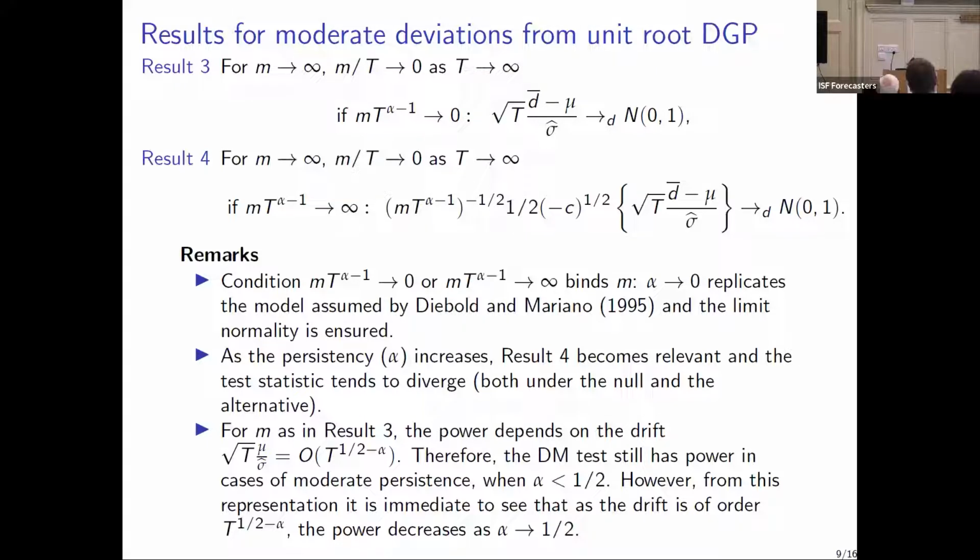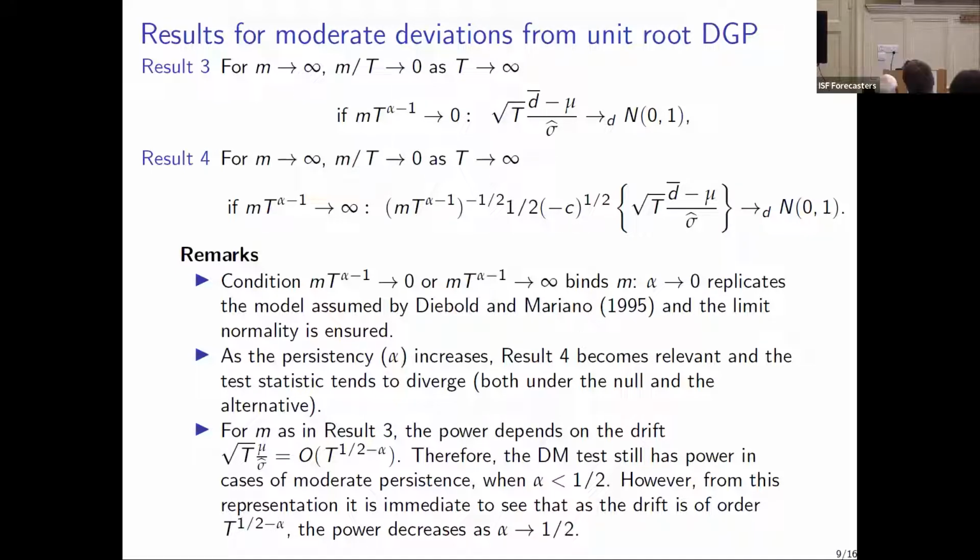So again, when alpha is very, very close to 0, then I'm still in a situation similar to the Diebold and Mariano statistic, and the more the persistence goes up, the more I move to the other limit.